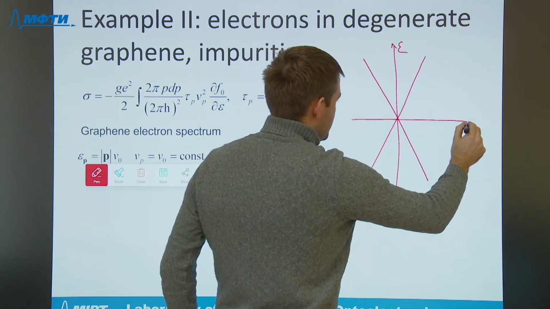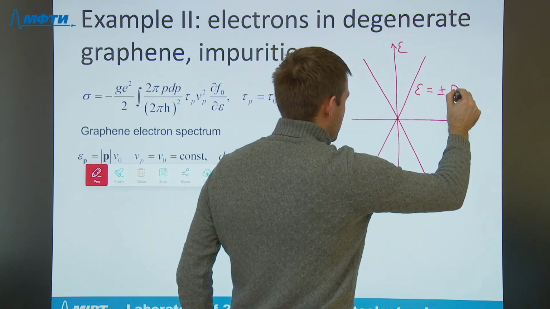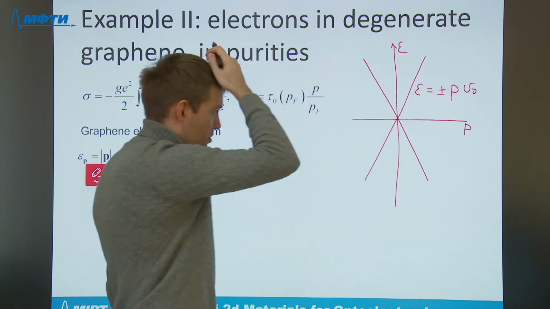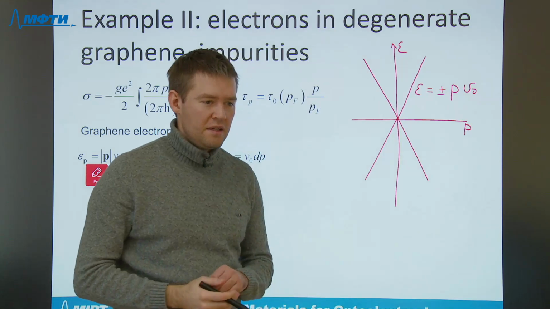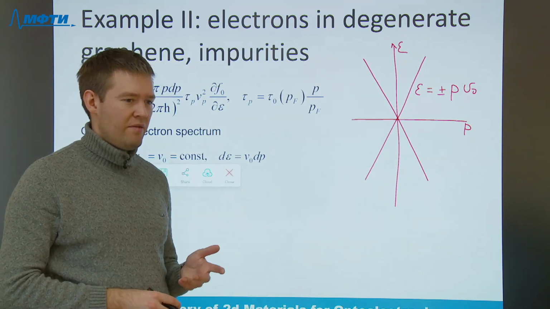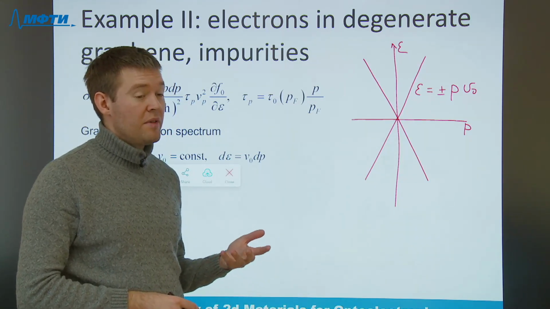So its energy depends on momentum in a linear fashion, plus or minus momentum multiplied by a constant velocity, which I denote as V0. And since it doesn't have a band gap, it is natural that the Fermi level always lies either in the conduction band or in the valence band.